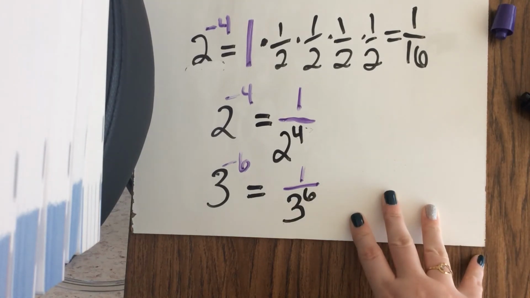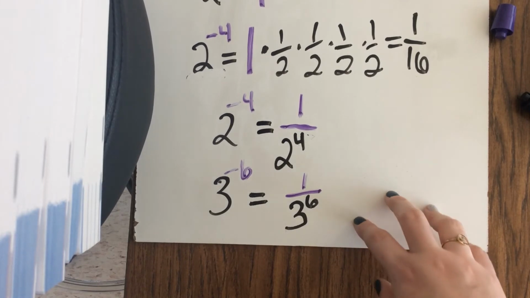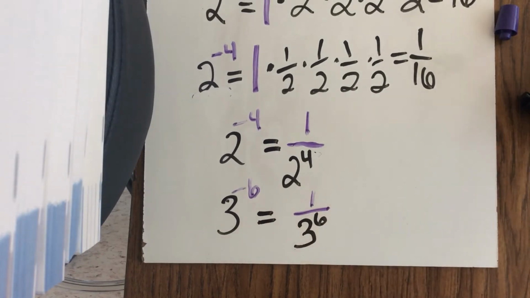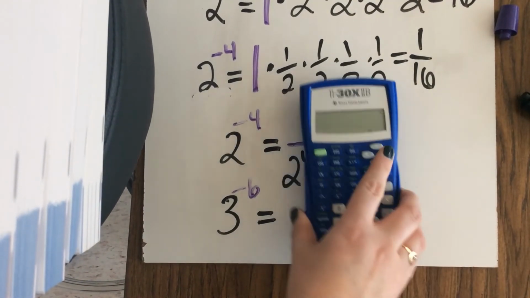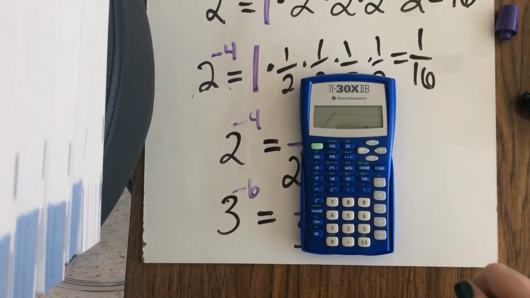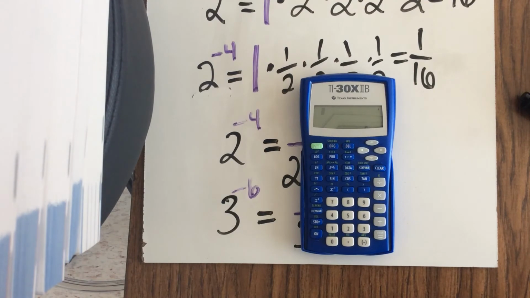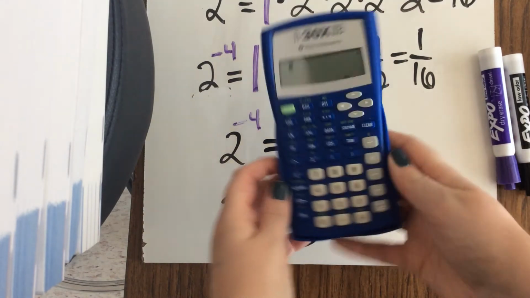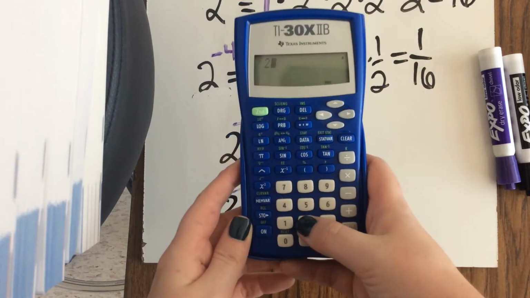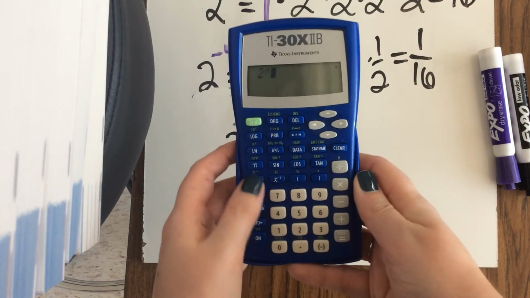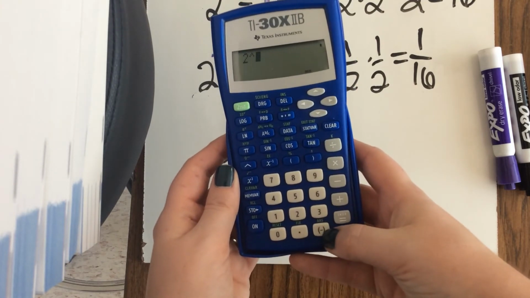Now, if this is still kind of confusing for you, because it is still a few steps, fear not, because this handy dandy fancy calculator here is going to help us out. So if we have a number with an exponent like 2 to the negative 4th, you can go ahead and put in 2 caret this negative sign down here.